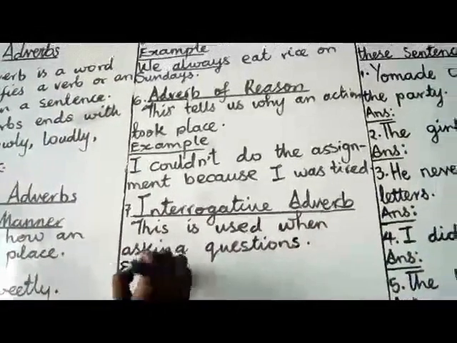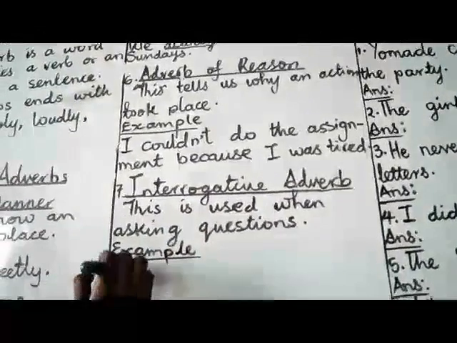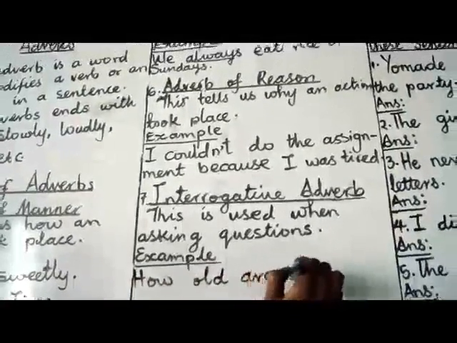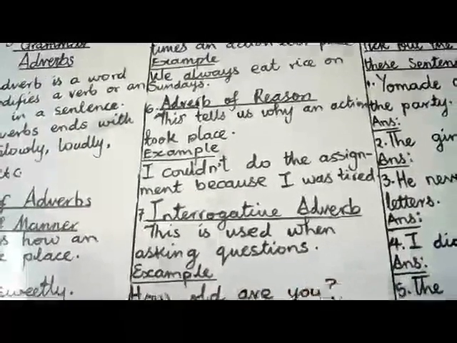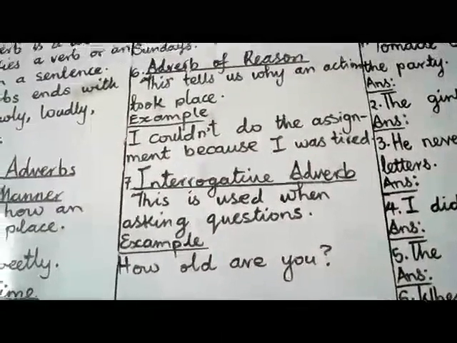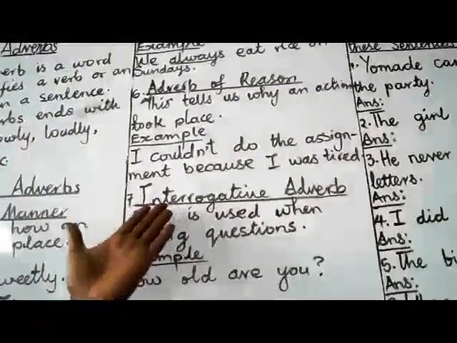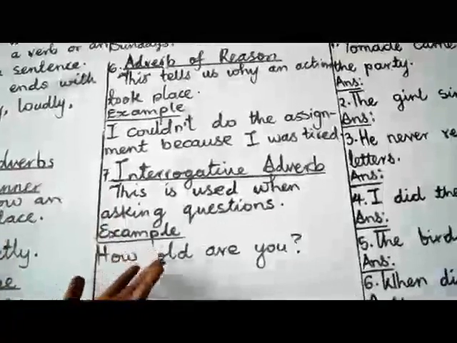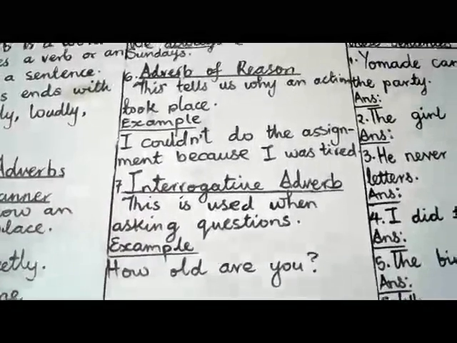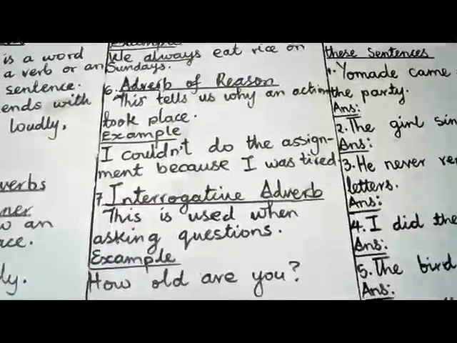Example, how old are you? Yes, any other question? What are you doing? Where do you live? There are keywords that you have to identify when you're asked to pick out an interrogative adverb, because they are used when asking questions to get information.